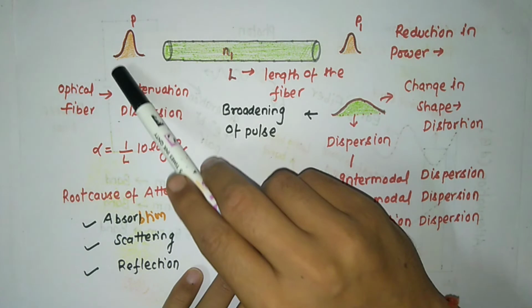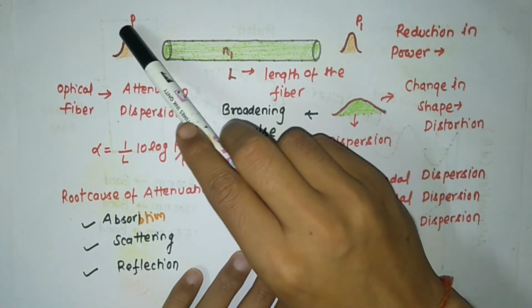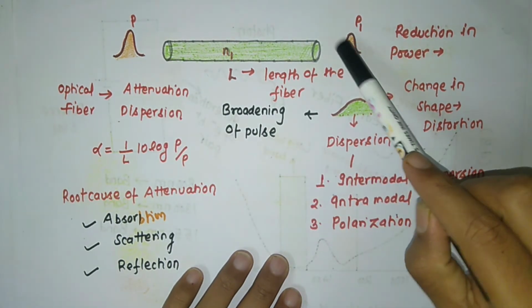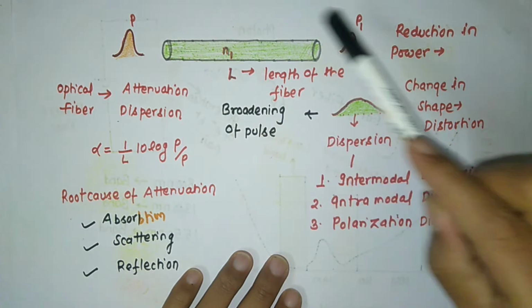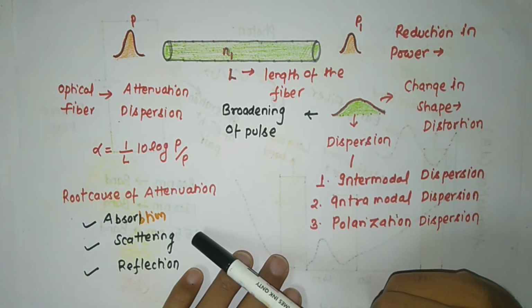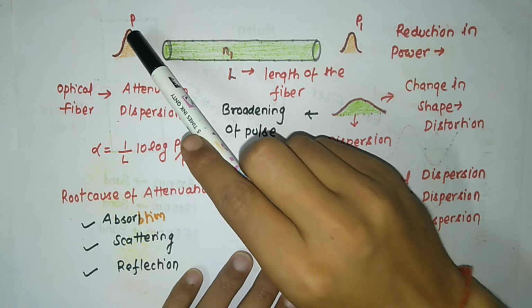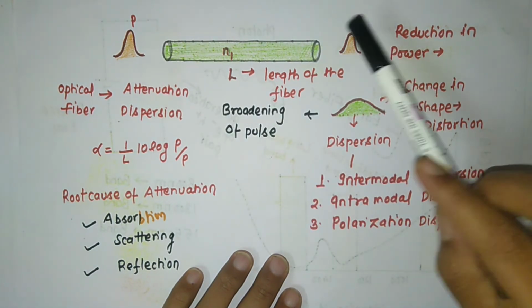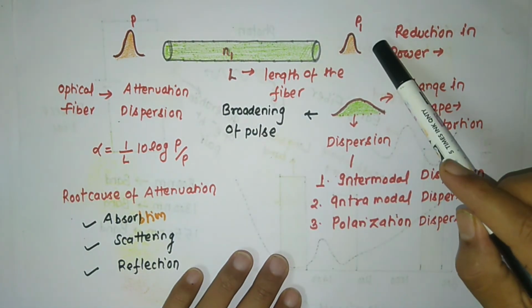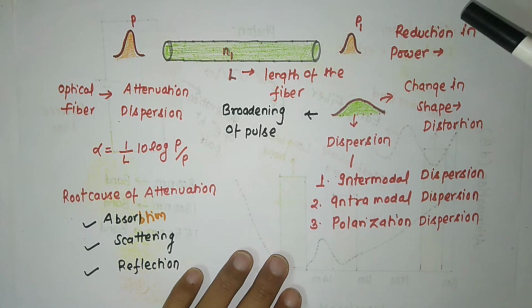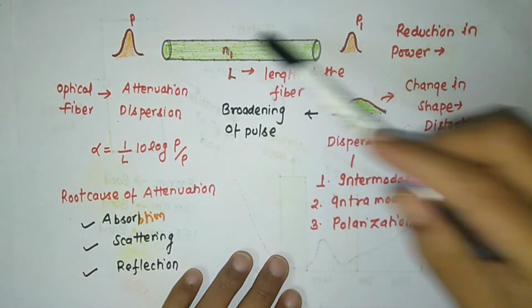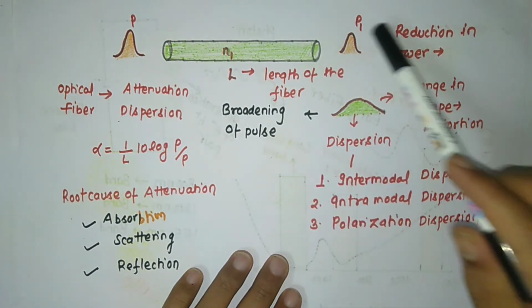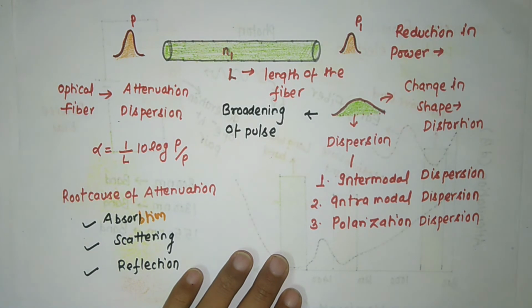That is N1. You have launched this pulse, and at the end you have seen the intensity of this pulse has been reduced, meaning the amplitude of the signal has been reduced. This phenomenon is known as attenuation, meaning reduction in amplitude or reduction in power is known as attenuation.